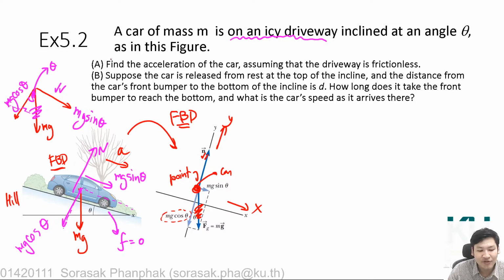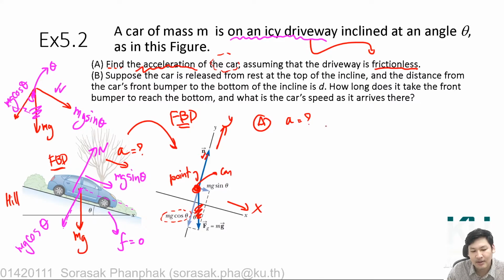So now you would like to find the acceleration of the car. And as I said, on the icy driveway, you have a frictionless system. So your first job is to find a. Okay, let's start like this. Now we arrange this here.